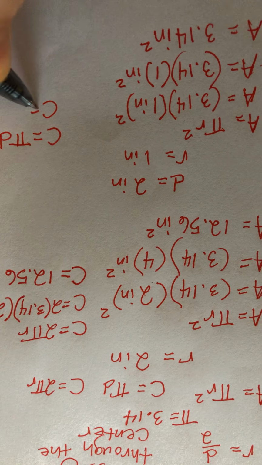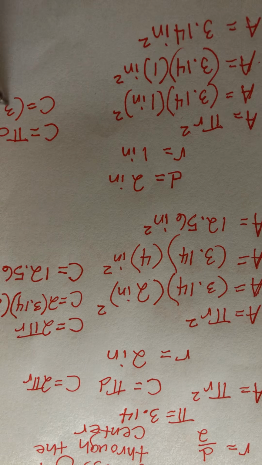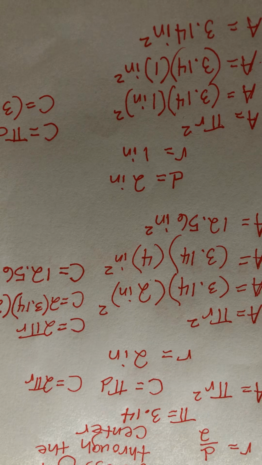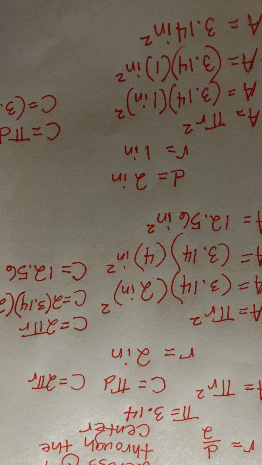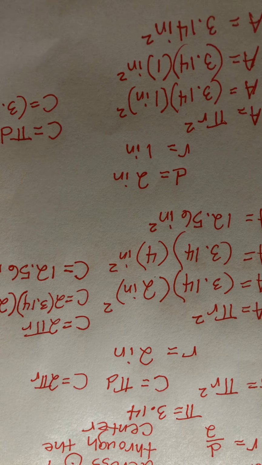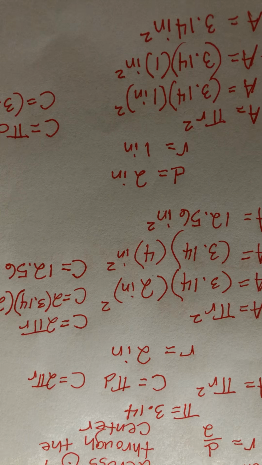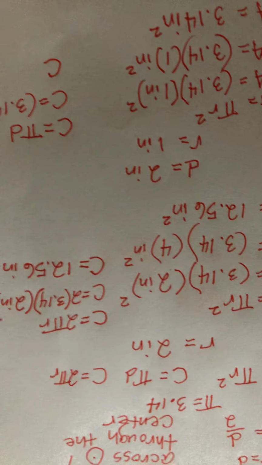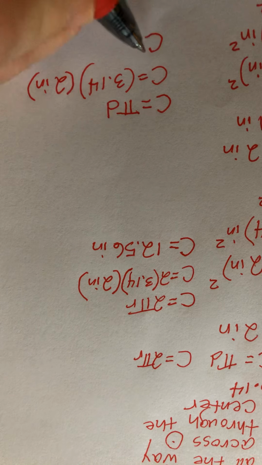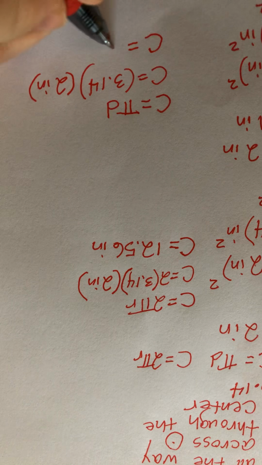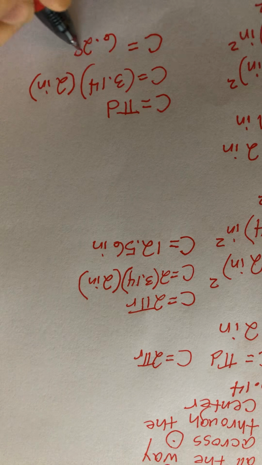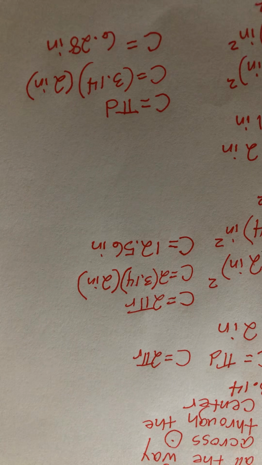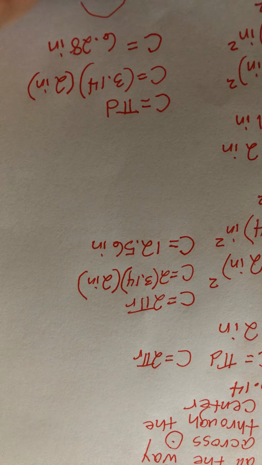And then that will be C equals 3.14 times the diameter, 2 inches. And so circumference equals 6.28 inches.